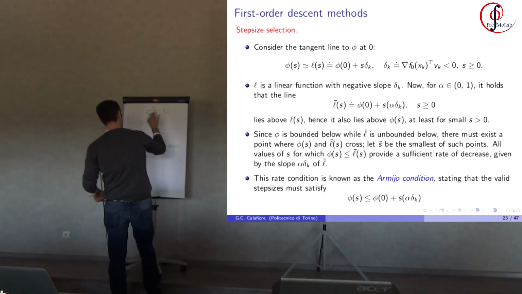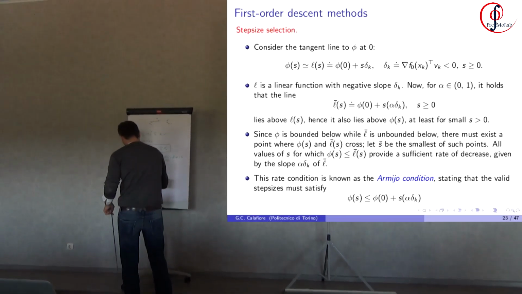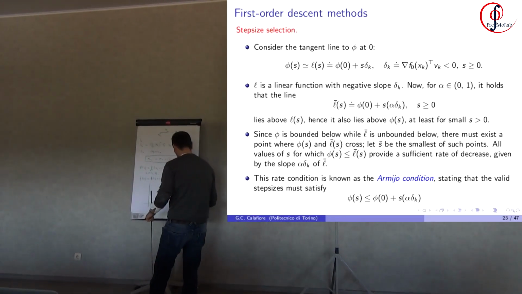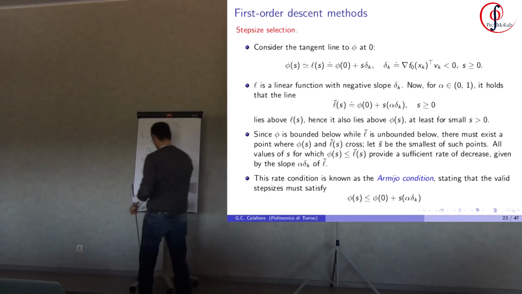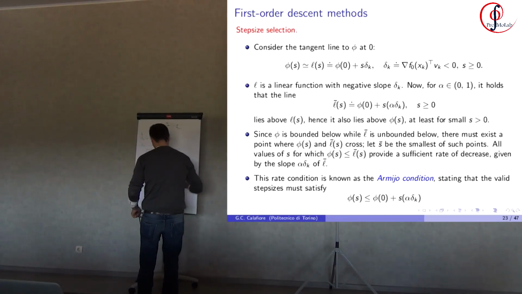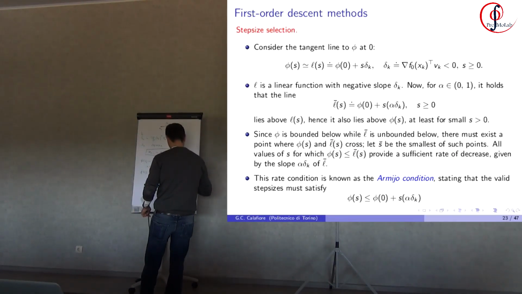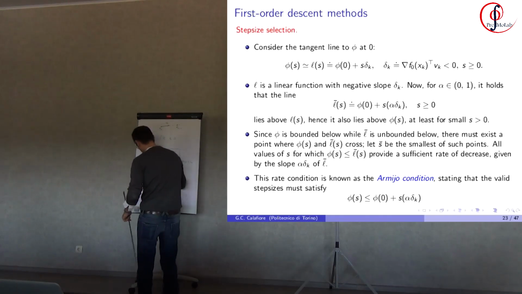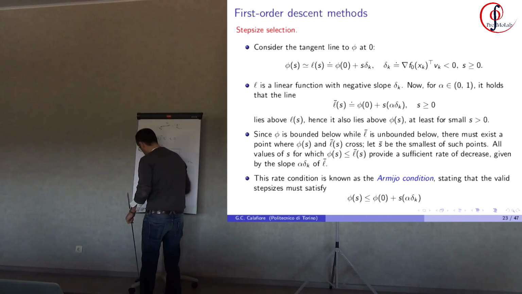And we did a little picture yesterday. If this is s, somewhere here we have our function phi of s. Here is s equal to 0.